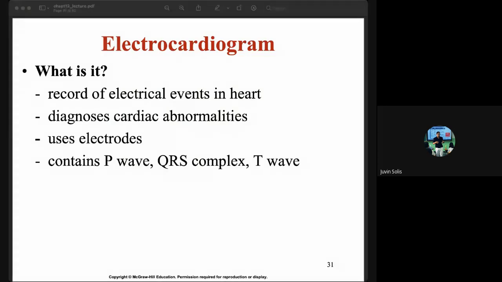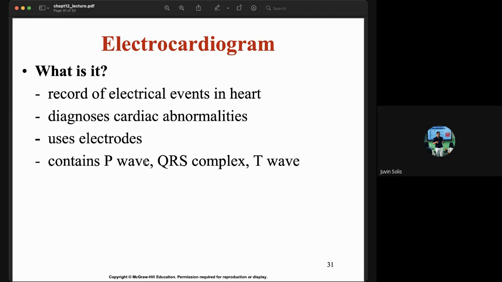Now your ECG, maybe some of you here already experienced having or taking ECG of your relatives or na-try nyo nang na-ECG dati. So this is the record of electrical events in the heart, diagnoses cardiac abnormalities, and uses electrodes, contain P wave, QRS complex, and then your T wave.